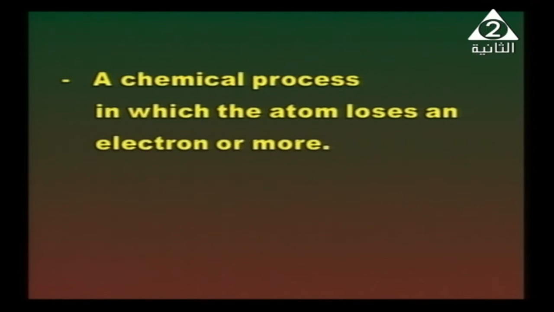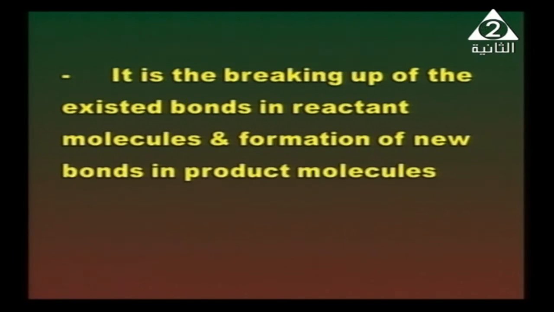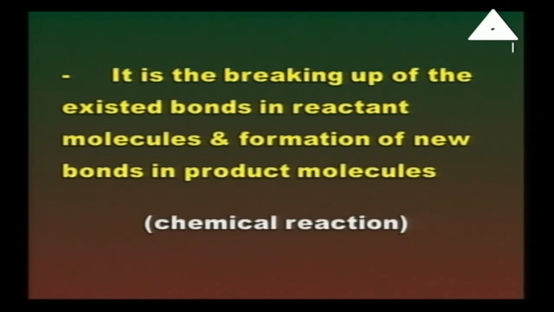A chemical process in which the atom loses one or more electrons is the oxidation process. The breaking up of the existing bonds in the reactant molecules and forming new bonds in the product molecules is the chemical reaction.